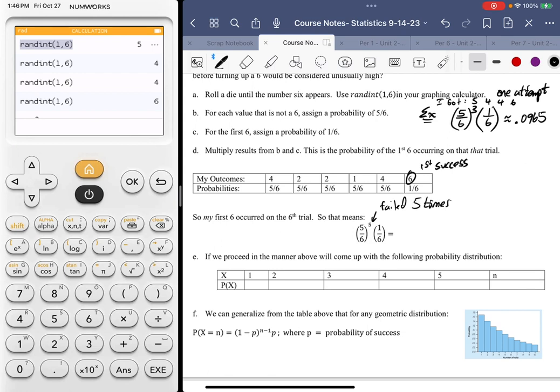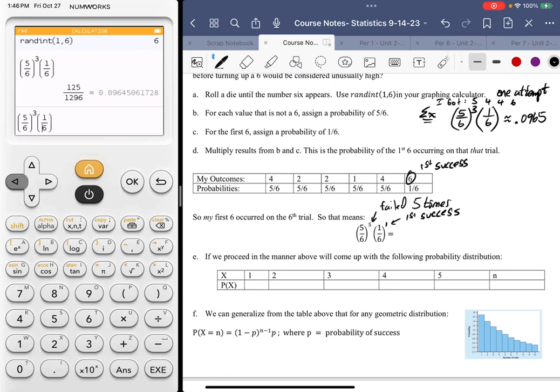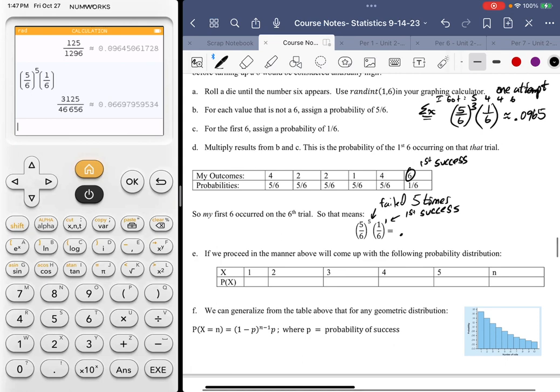There's an implied power of 1 here, that would be my first success. If I followed that example, I'd have 5 over 6 raised to the 5th power. And so I would end up with about 0.06697, so about 0.0670. That is the probability that my first success would be on my 6th trial.